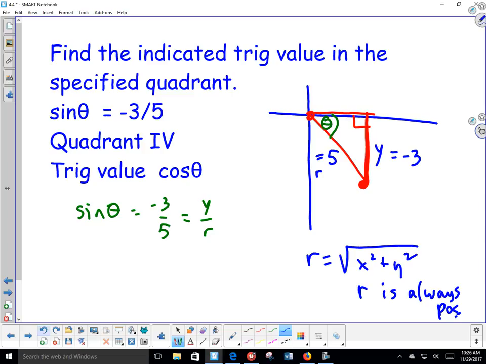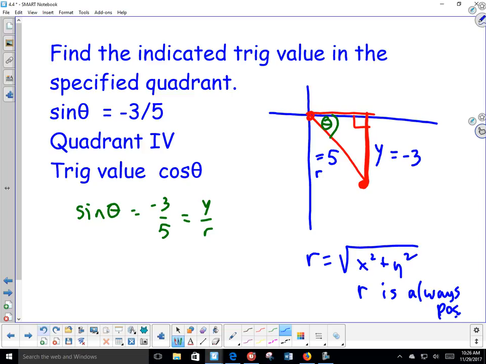So if it's tangent or cotangent, well, then you've got a problem because it's y over x. But if it's something with an r in it and there's a negative, it goes with the other part, the x or the y. For tangent and cotangent, how do you know when x is negative or y is negative? Then you would have to decide based on the quadrant. So if I say tangent's negative, but we're in quadrant 2, then the x is negative and the y is positive, right? But if you're in quadrant 4 and the tangent's negative, then the x is positive and the y is negative. Does that make sense?